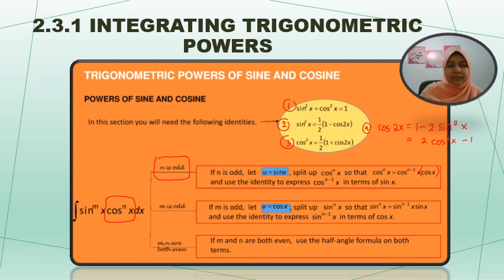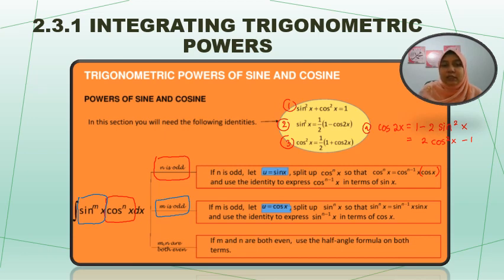And the second one, if the power of sine x is an odd number, then we let u equal to cos x.